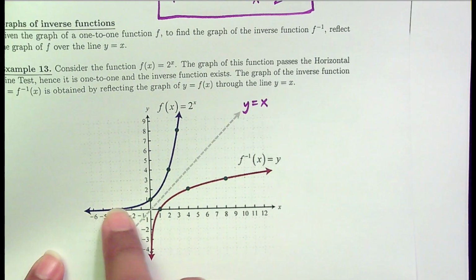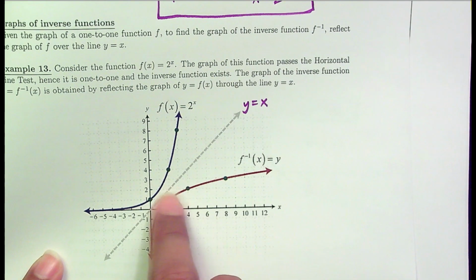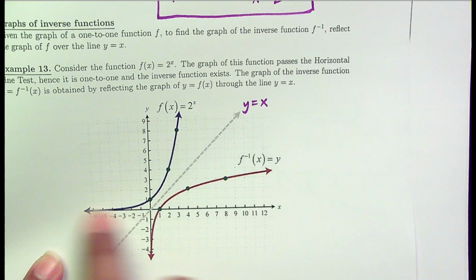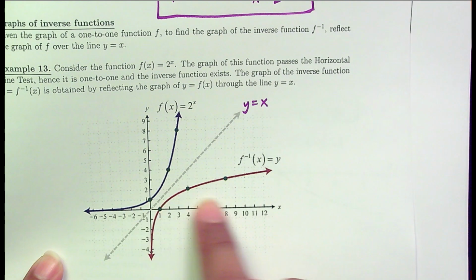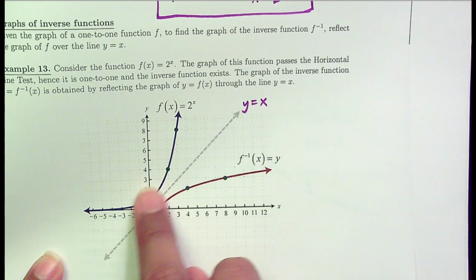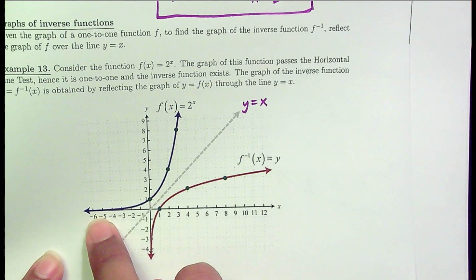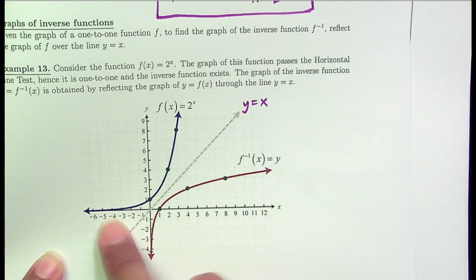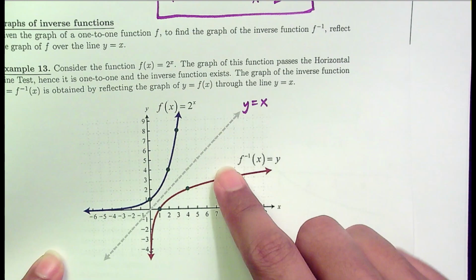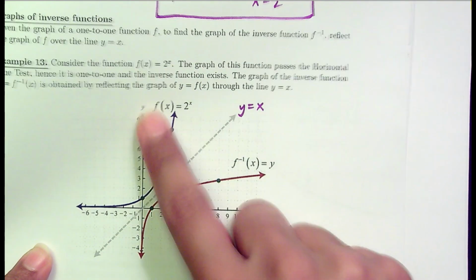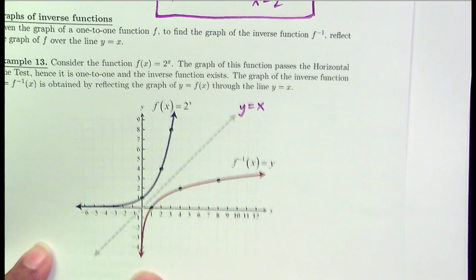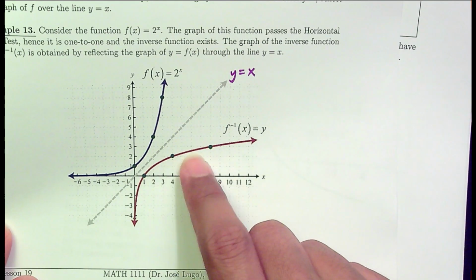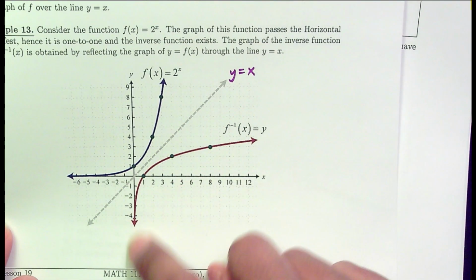Now, if you remember, this graph gets arbitrarily close to the x-axis. The x-axis was the so-called asymptote, meaning the graph gets arbitrarily close to the x-axis, but never really touches it, but keeps getting closer and closer. When you make that reflection, it is now the vertical axis that becomes an asymptote, and the graph of the inverse, which is the logarithm base b, becomes arbitrarily close to the y-axis.